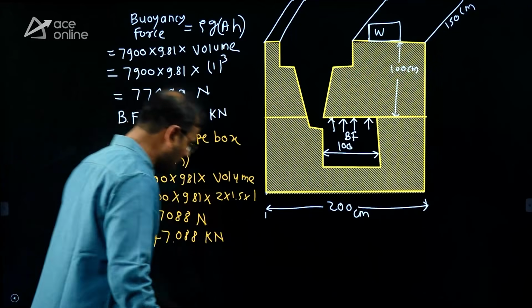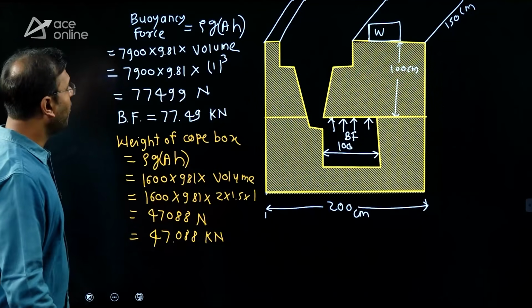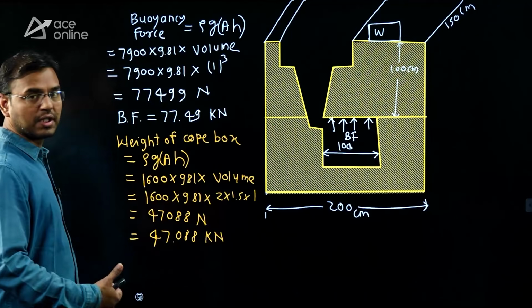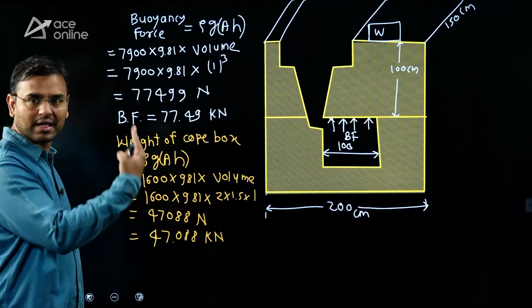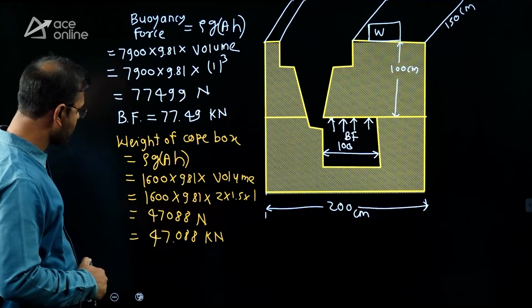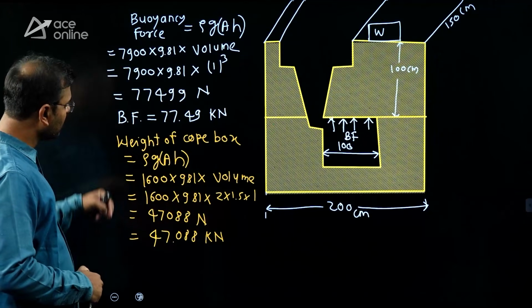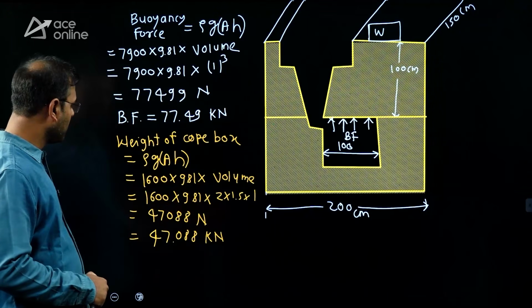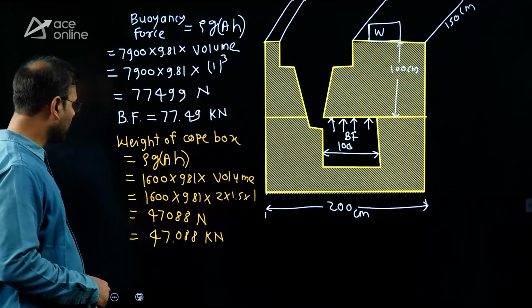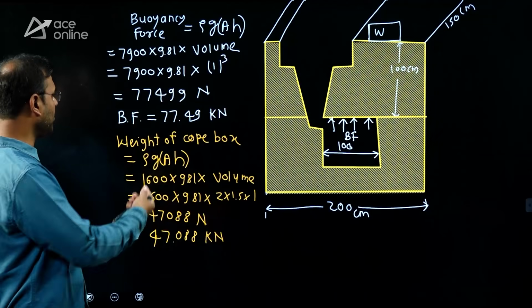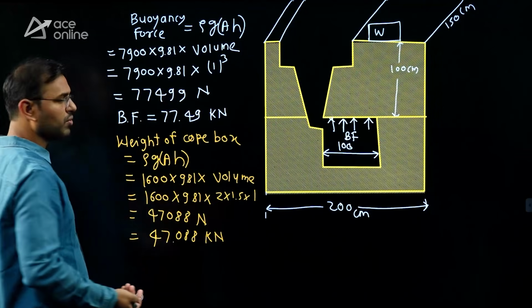Now see here, finally, what weight we have to keep there. What are the buoyancy forces? 77.49 in the upward direction. Weight of the cope box in the downward direction is only 47, while here it is 77. Therefore, definitely the cope will lift, because the buoyancy force is more than the weight of the cope box.